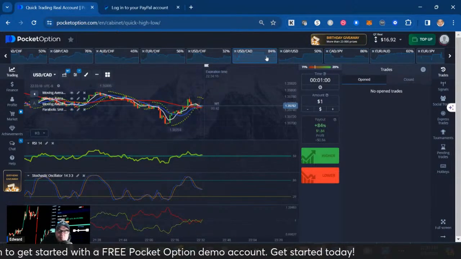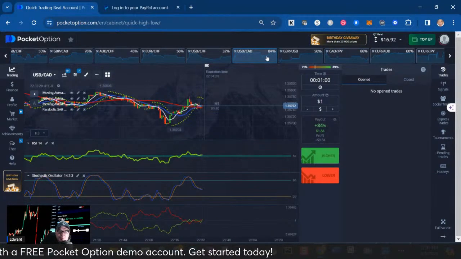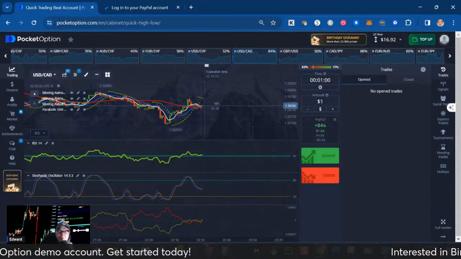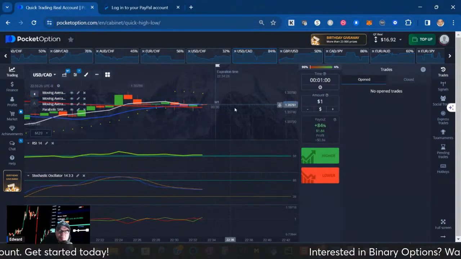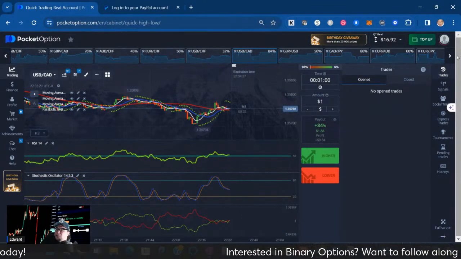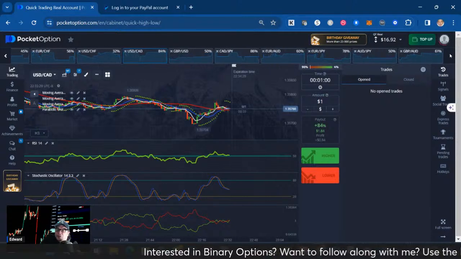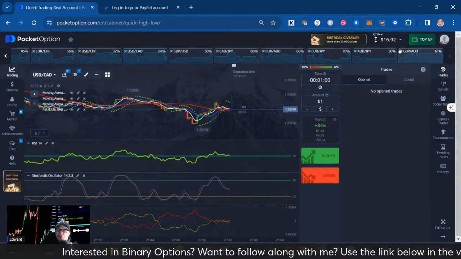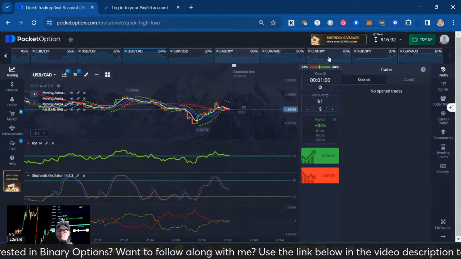Let's see what's going on with the Canadian dollar, American dollar. It's up. It's running sideways. Trying not to force something because that's a great way to just throw your money into the wind. 78.86.